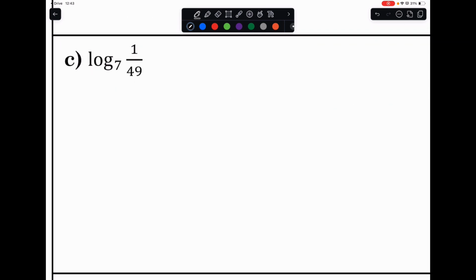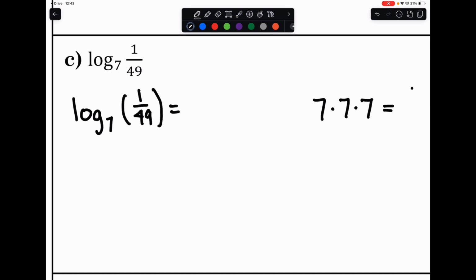Now, having a positive exponent is not the only possibility, like in this example right here. I have a log of base 7, and I want to evaluate this log base 7 at 1 over 49. Which is essentially asking us how many factors of 7 do I need, how many 7s do I need to multiply to get this ratio of 1 over 49.